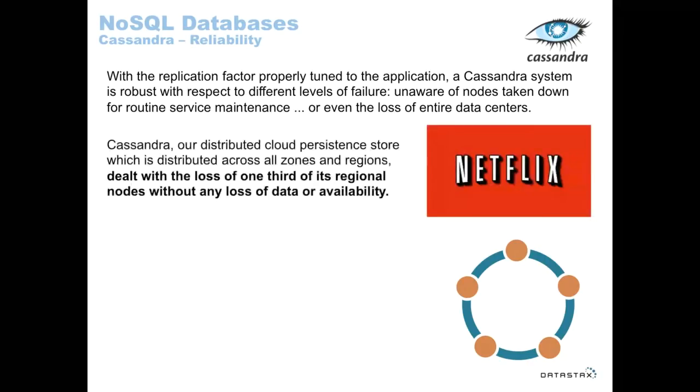A couple of interesting quotes here. Here's one from Netflix that says Cassandra dealt with the loss of 1/3 of its regional nodes without any loss of data or availability.